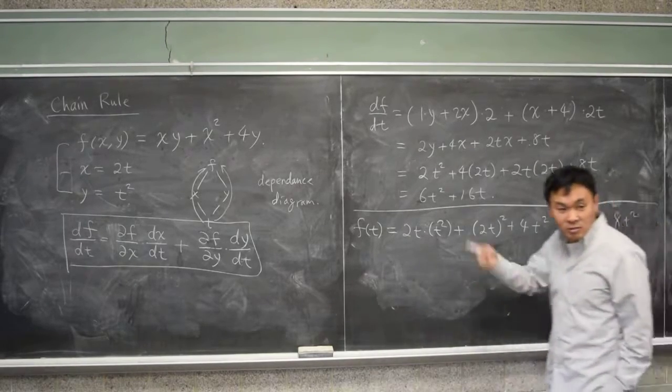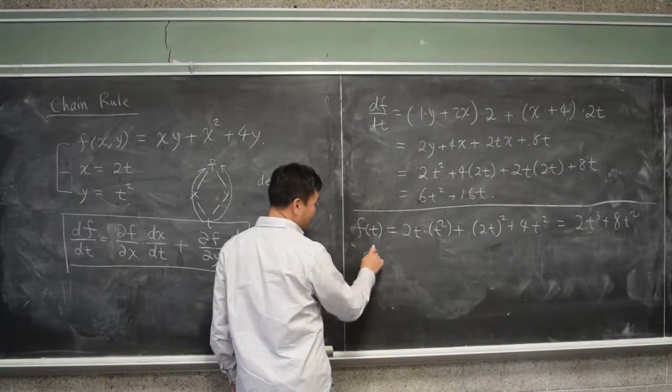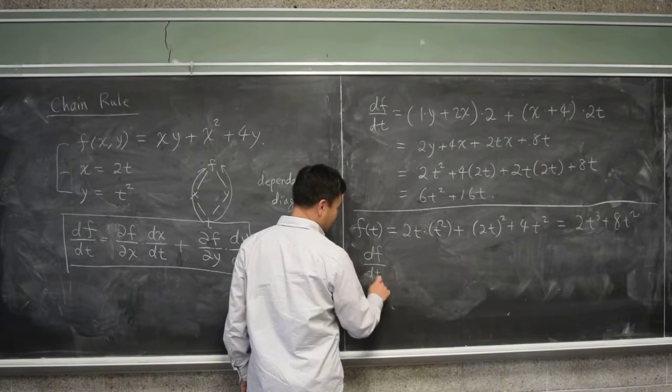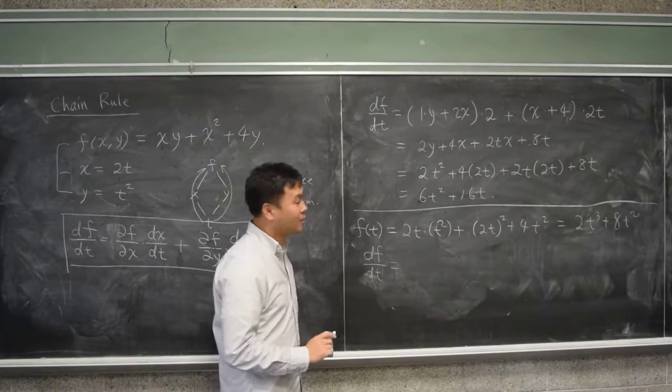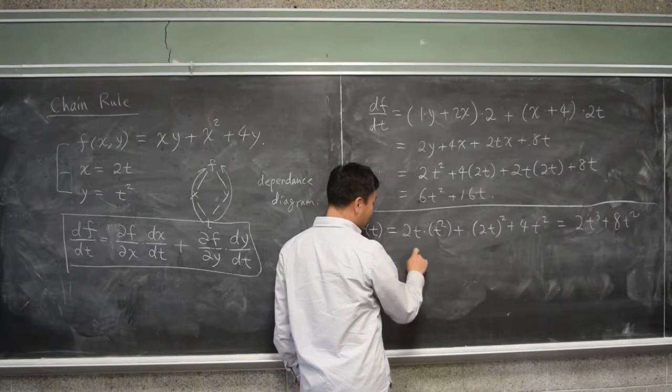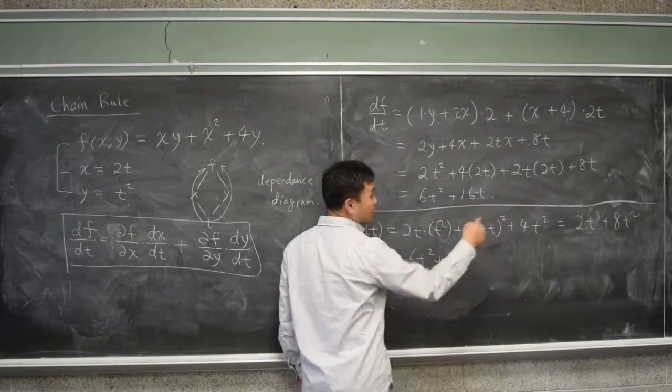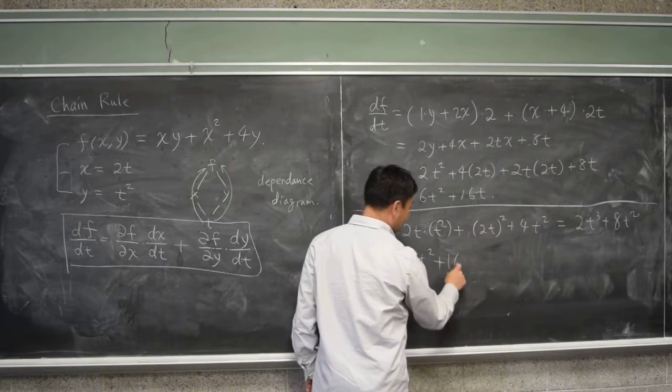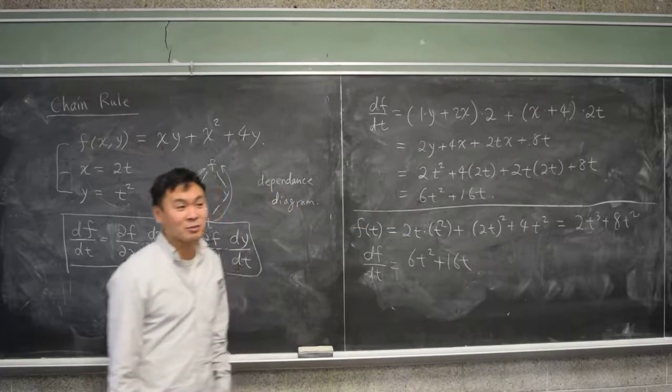And now, because I know f of t, what's df dt? Three comes down, 6t squared. 2 comes down, 16t. Oh, so it's the same, right?